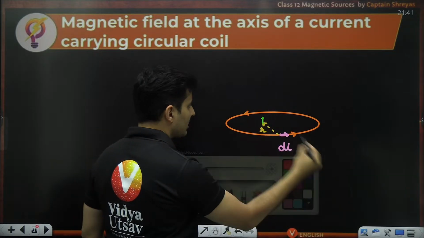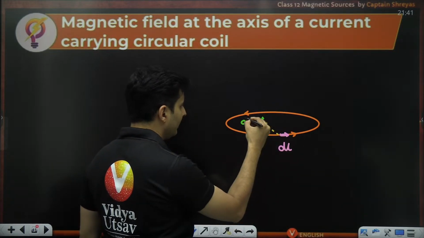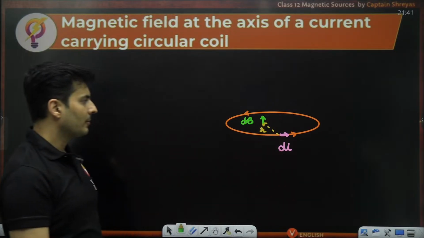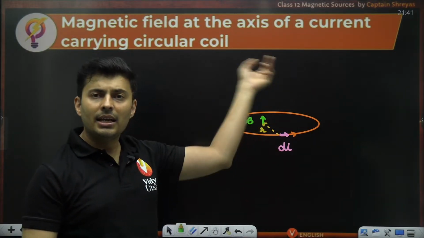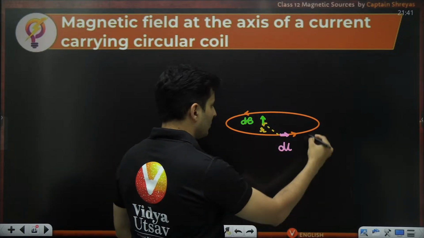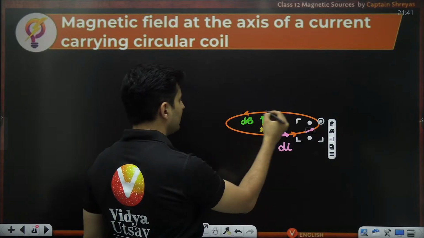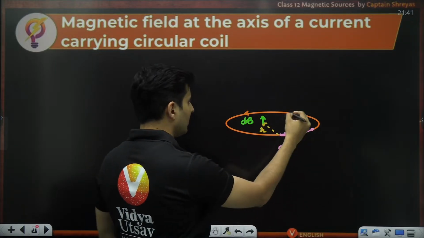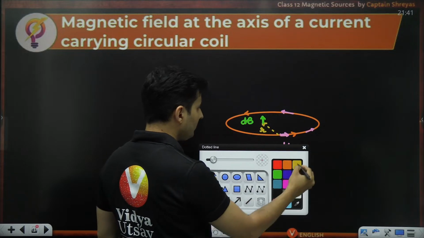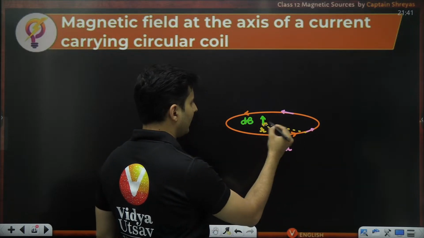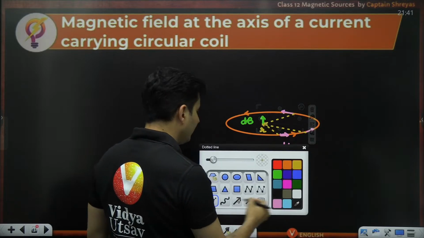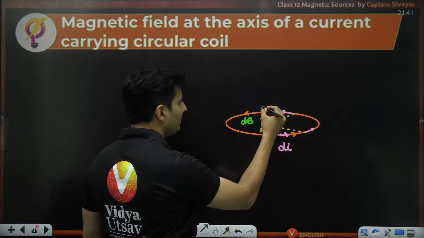So this will be a small magnetic field like this. Now you take any element anywhere on that coil, no matter where that element is, whether it is here, here, here, or anywhere, every single time you draw R and do dl cross R, that dB will be in the same direction.